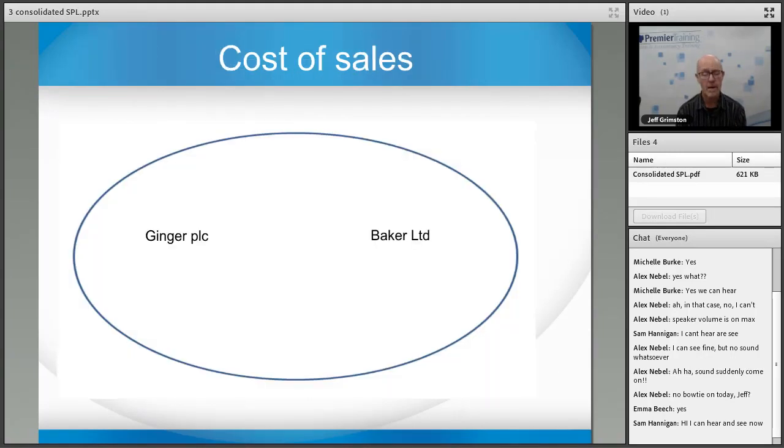Back to the diagram. Ginger, Baker, 1.4 million gross purchases, cost of sales. Baker Limited 300,000, all of which comes from outside, so we can forget about Baker's cost of sale.